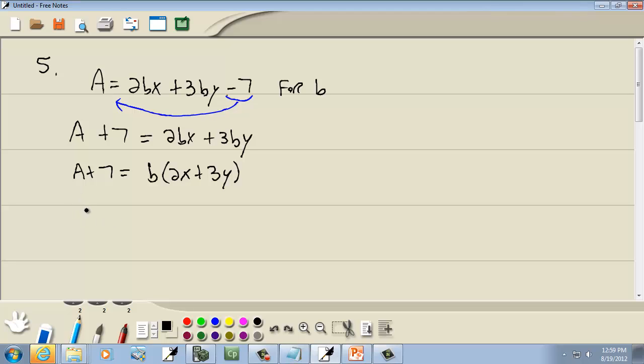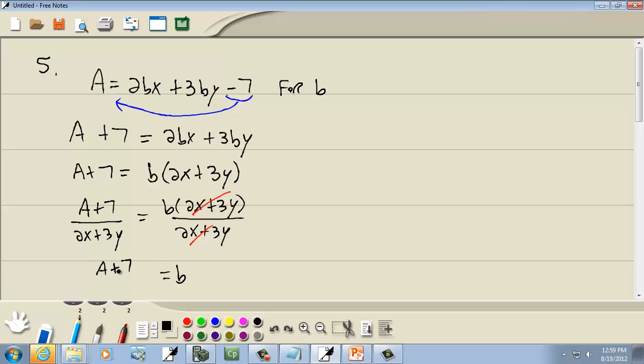So we'll divide both sides by 2x plus 3y. So 2x plus 3y would cancel there, and we got b is equal to a plus 7 over 2x plus 3y. And that's our answer.